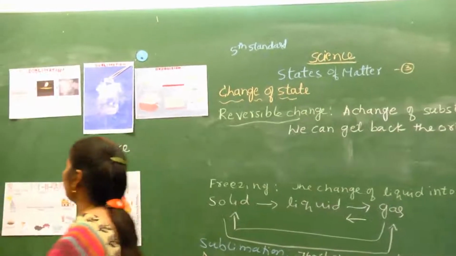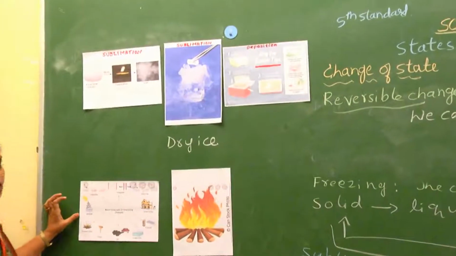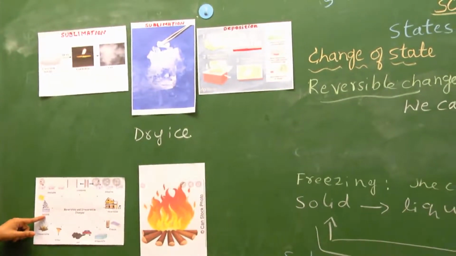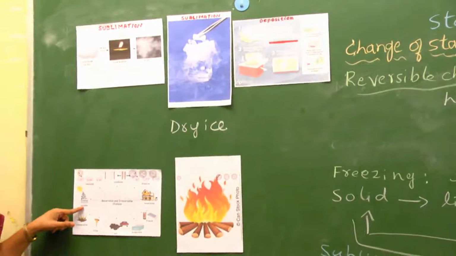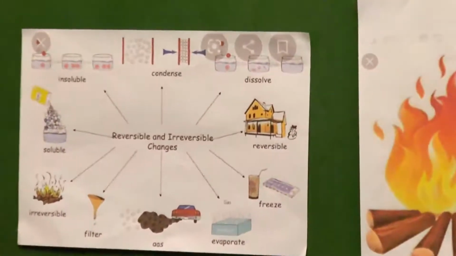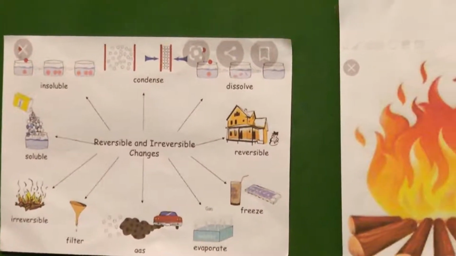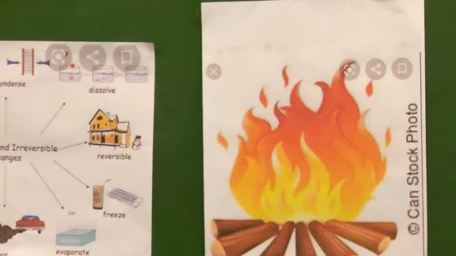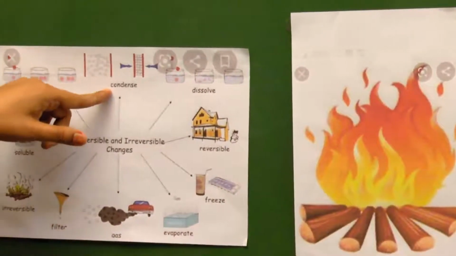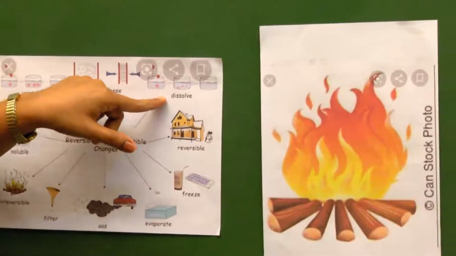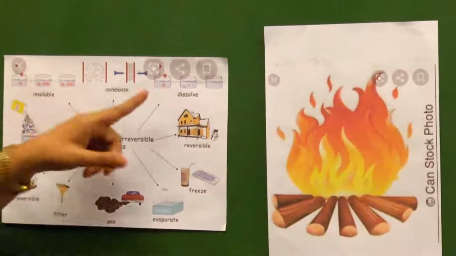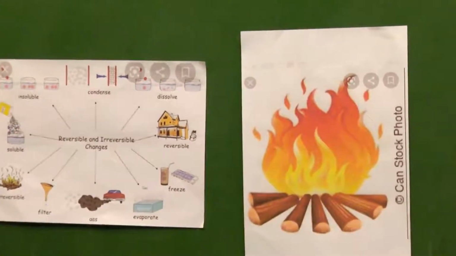An example is putting salt in water. Salt dissolves in water, and then we can get the salt back by evaporation. That type of process is called reversible change. Condensation, and dissolving a substance in water and getting it back again, are all examples of reversible change.